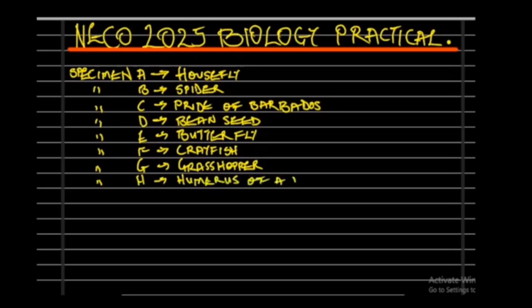The humerus of a rabbit is our specimen H, and then our specimen I is the femur bone of a rabbit as well. Our specimen J is orange fruit.